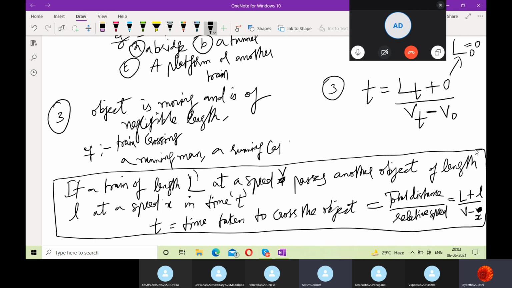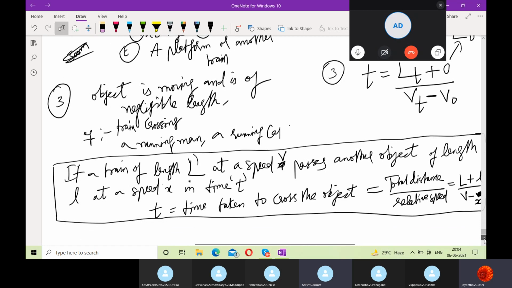See, the statement is very simple and clear to understand. If a train of length capital L, so train has some length, suppose train has a length of 300 meters for example. So I'm just putting all the things here and trying to explain you with the help of some numerical figures.